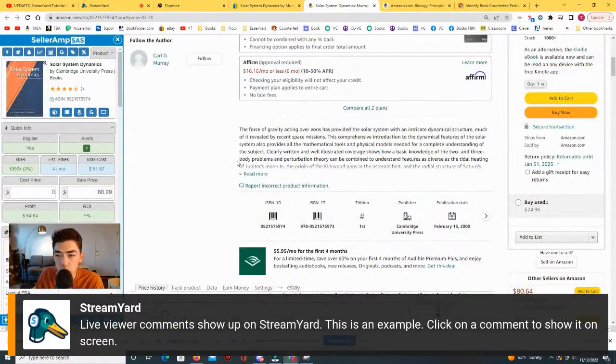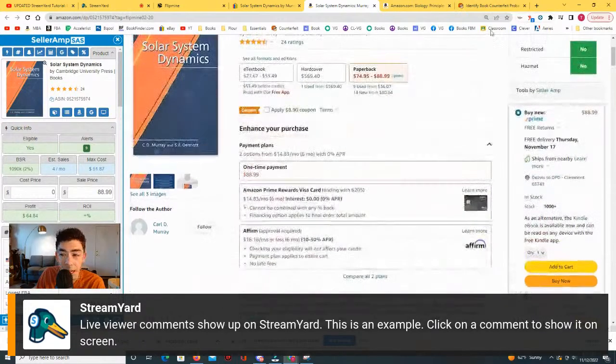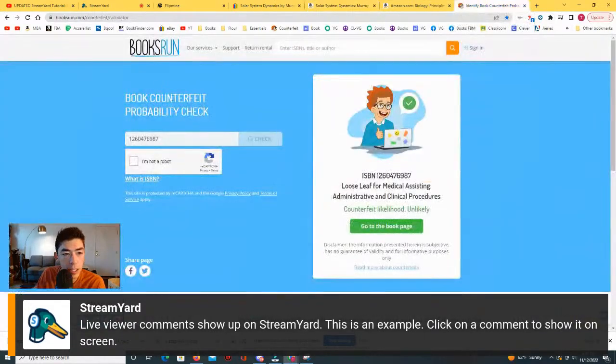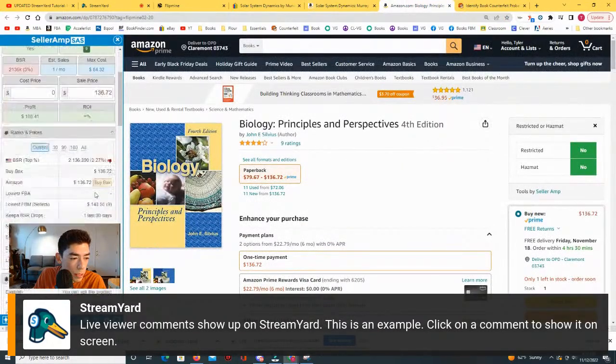If you're eligible to sell this, the other thing I would do is a counterfeit probability check. This is a counterfeit calculator on Books Run. Basically, Books Run looked at all the books that were highly likely to be counterfeit. These are books that McGraw-Hill and Pearson found a lot of fake copies of, that they now have in their database, and you can just copy the ISBN.